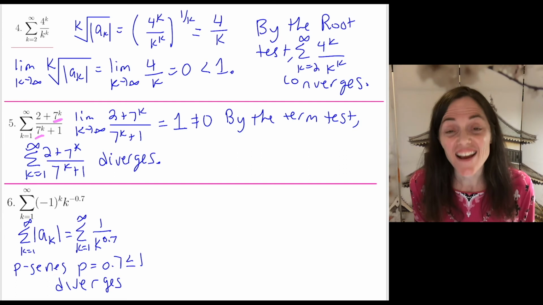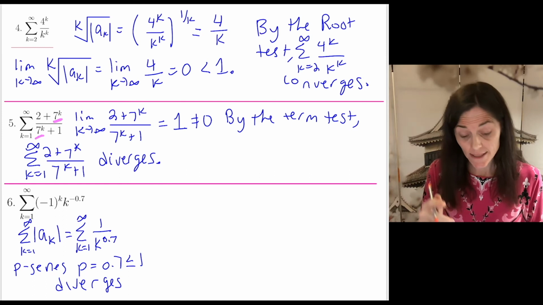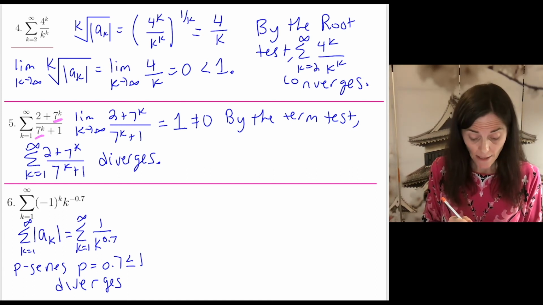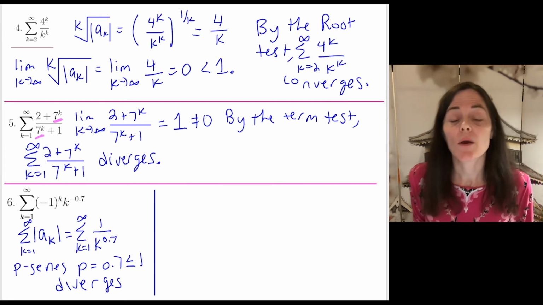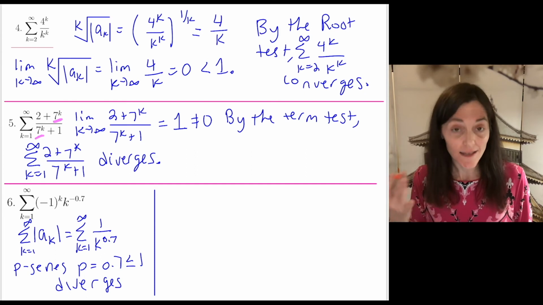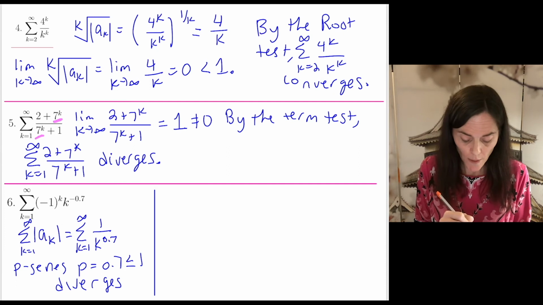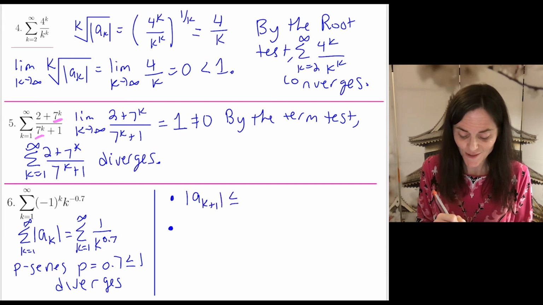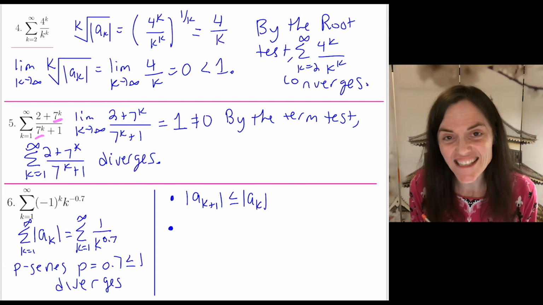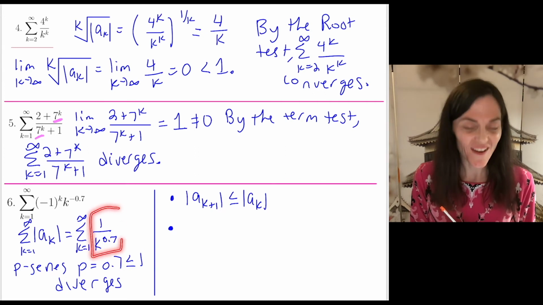Now, I'm not finished here. This gives me that if you take the absolute value of the terms, that series diverges. And so I know, for example, my series does not converge absolutely. When you get this, the next thing to check is, does the series itself, the alternating series, converge or diverge? And this will be an alternating series test. We need two things. We need the absolute value of a_{k+1} less than or equal to the absolute value of a_k, decreasing in absolute value. And this is true because, well, here's the absolute value of a_k.